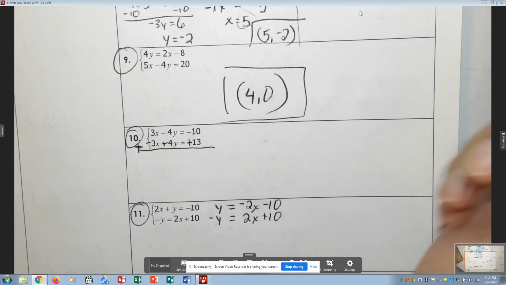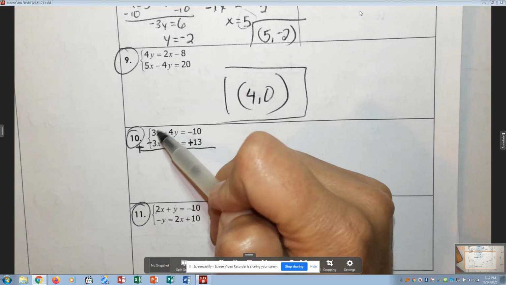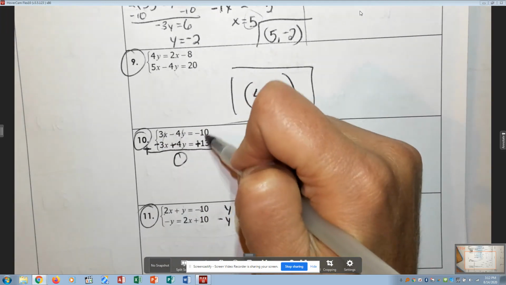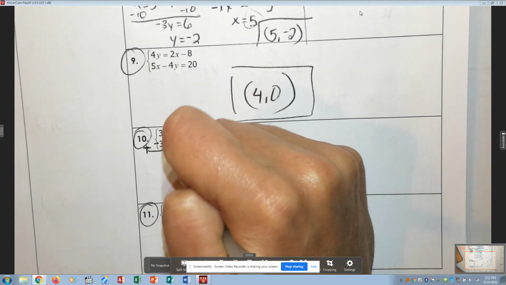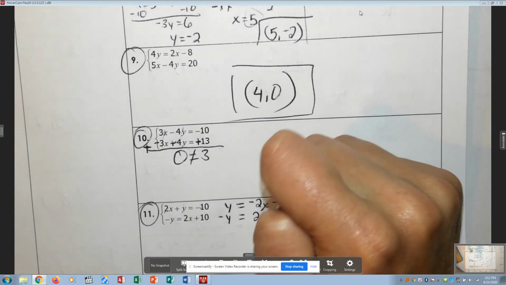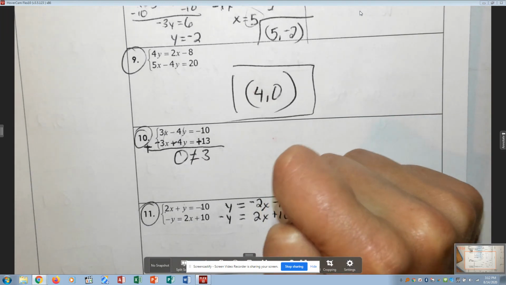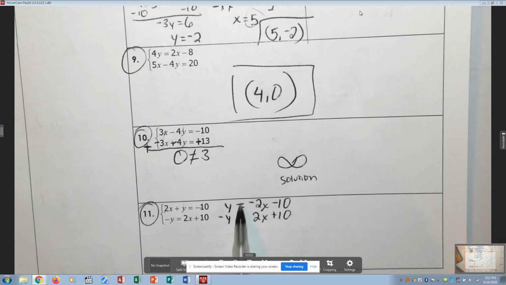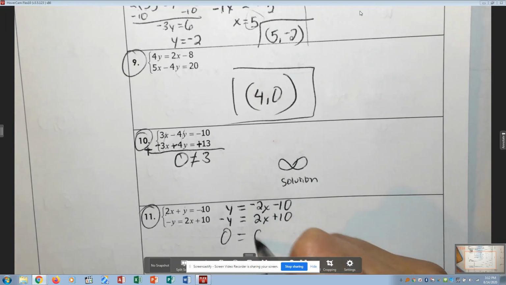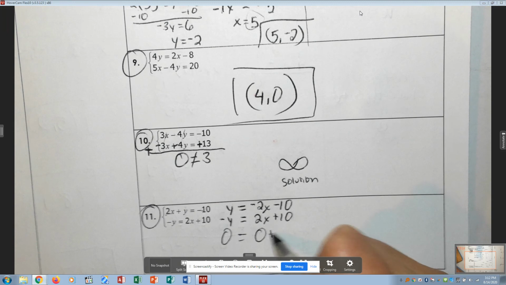All right, 10, you should have gotten no solutions because these cancel out, these cancel out. So I get 0 over here. And then negative 10 plus 3 is negative 7. These don't equal each other. So this is an example of no solution. But over here, these cancel out, 0. These cancel out, 0.